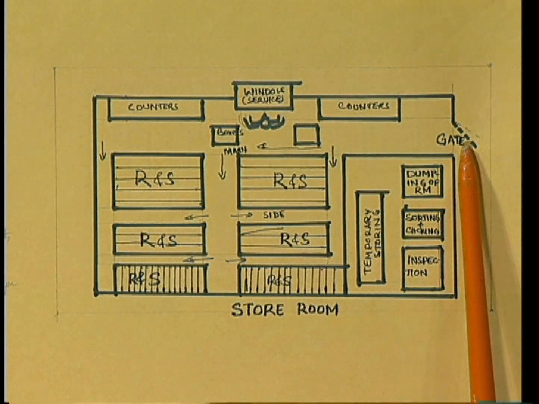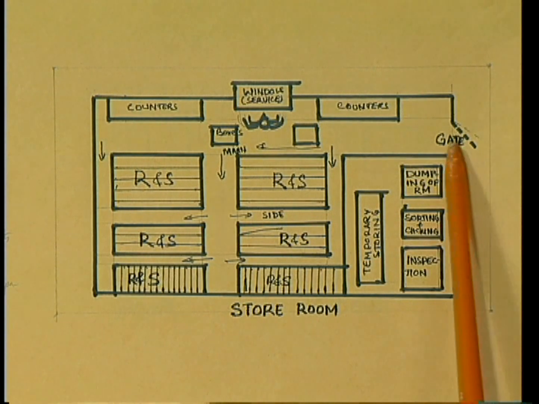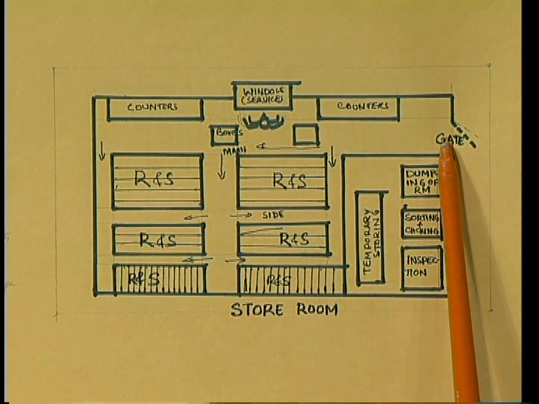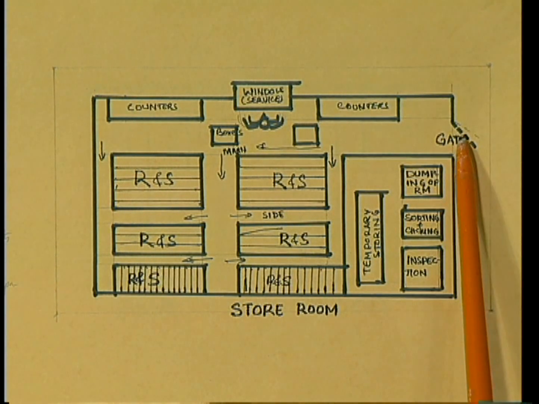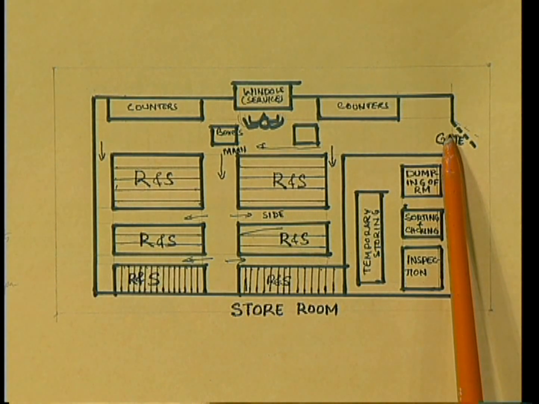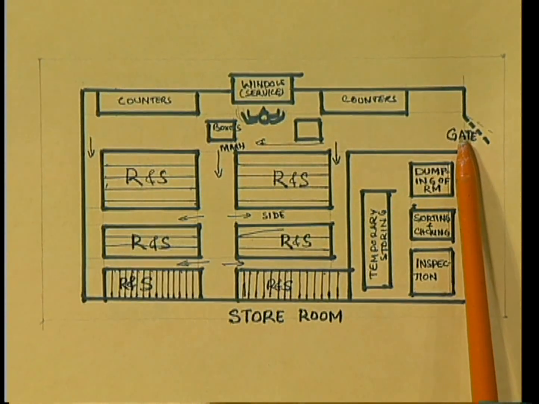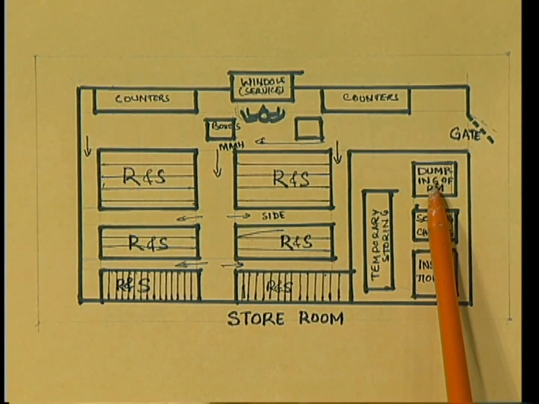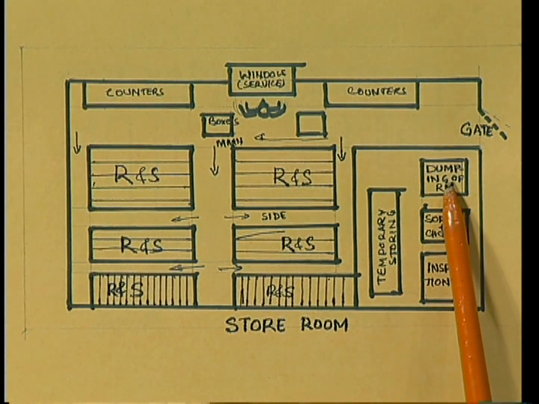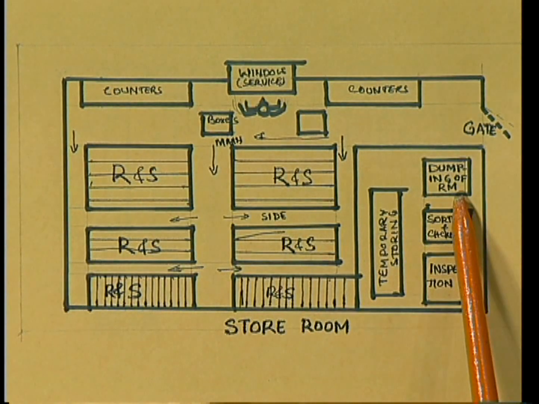This is the gate, where the material enters. Whenever we purchase a material, it comes here, from certain suppliers, and first it will be dumped. That is, this is the dumping of raw materials.